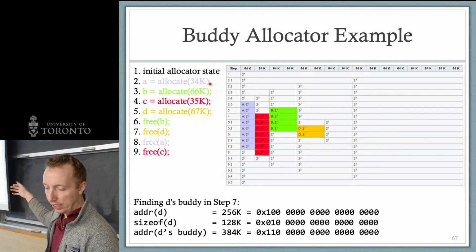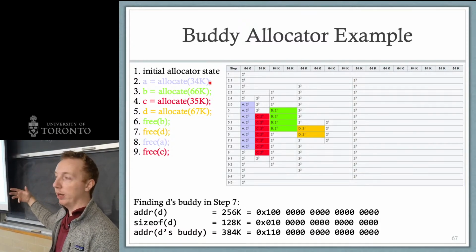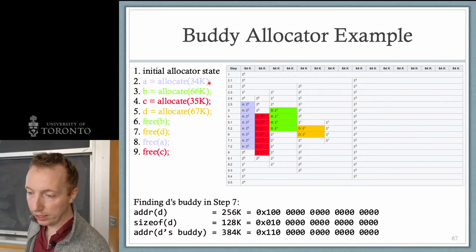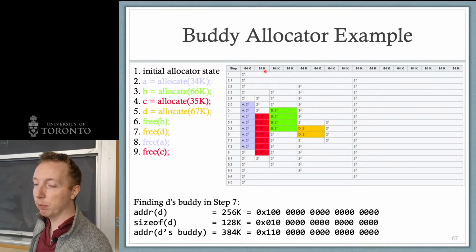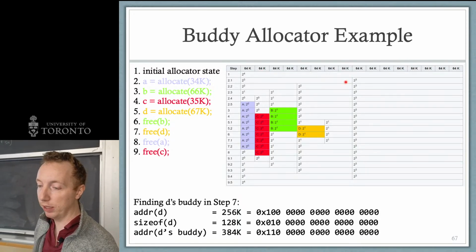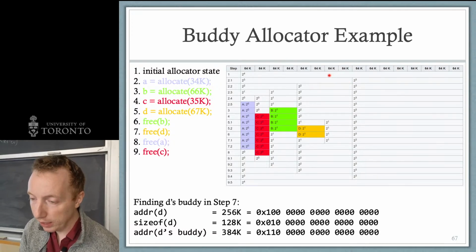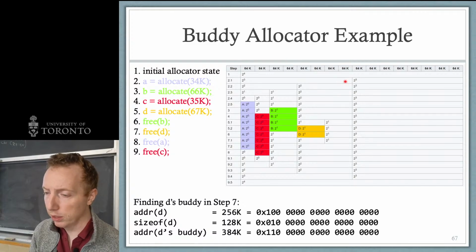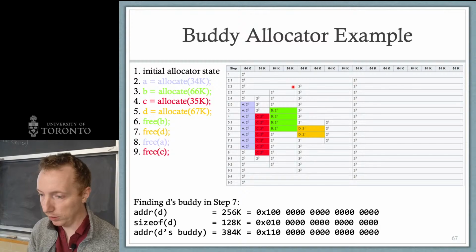If we allocate a 32K, we round that up to the next power of 2, which would be 64K, and that would only use a single block. So we take all of these blocks and recursively split them in 2. We take this 2 to the 4, split it into 2 powers of 2. Since we're doing it recursively, we only do it on one side.